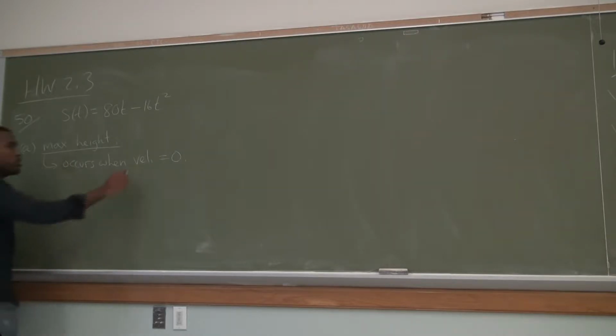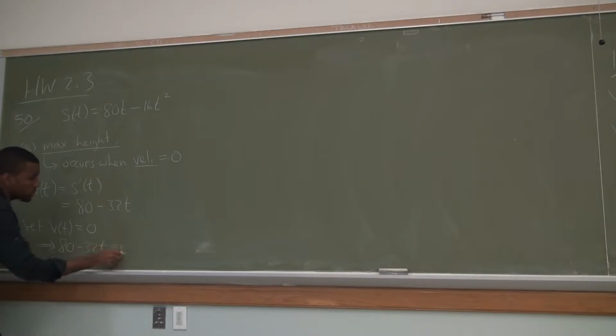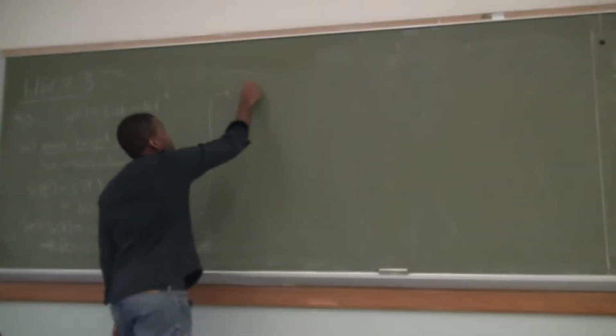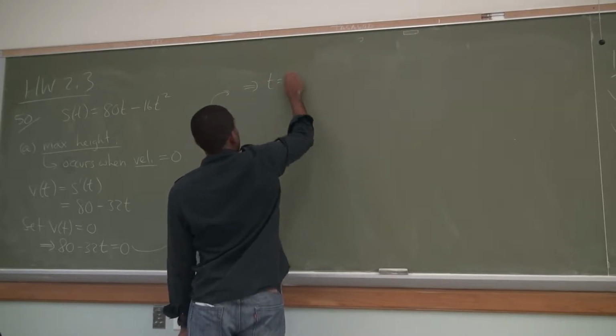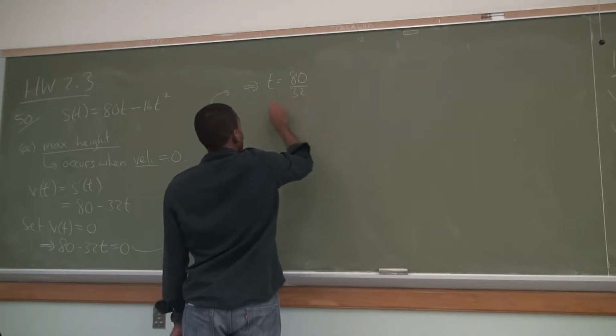So the question is, how do we find the velocity? Derivative. v of t is equal to s prime of t, which is equal to 80 minus 32t. So set v of t equals 0. This means 80 minus 32t equals 0, so this implies t is equal to 80 over 32.